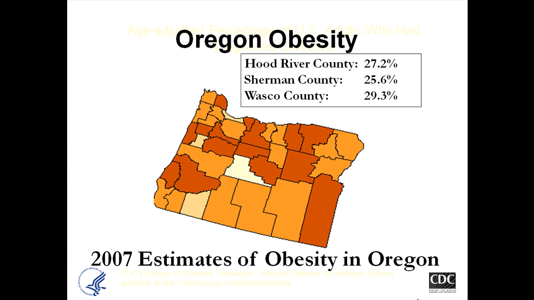As far as obesity, we're going to talk some about how obesity affects type 2 diabetes. We'll see that Wasco County has the highest percentage of obesity, and then going down to Sherman County a little bit less, but we're still upwards and closing in on 30%. The national average is upwards of 35 to 40%, so we're not that far behind in obesity rates.